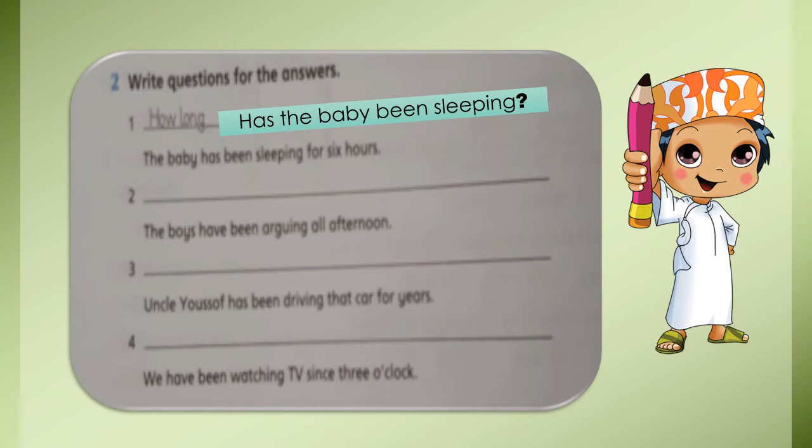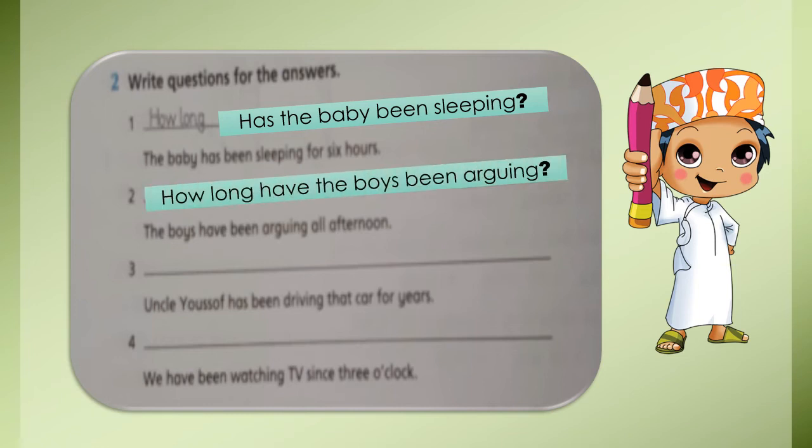Number 2, the boys have been arguing all afternoon. Yes, we start with, very good, how long, and then, very good, have, the boys, very good, been, arguing, very good, and the question mark.